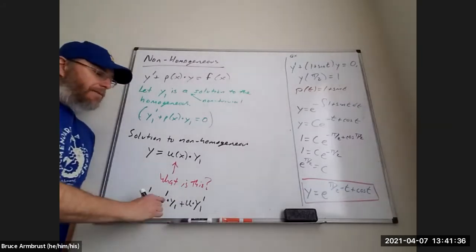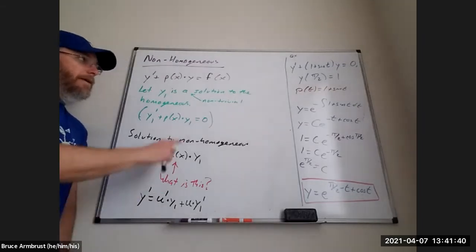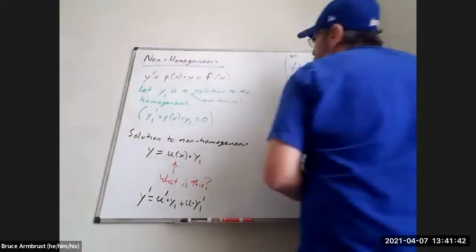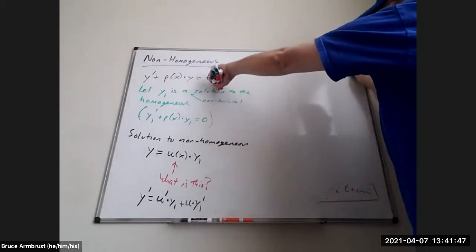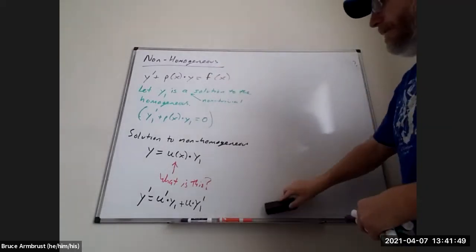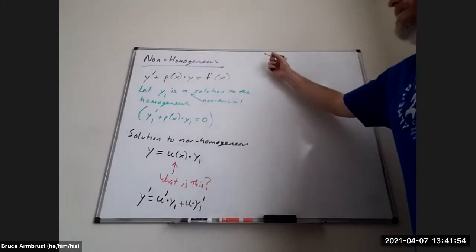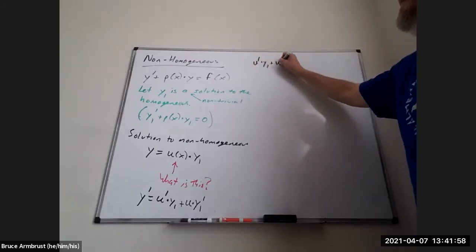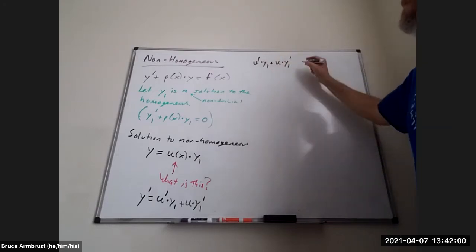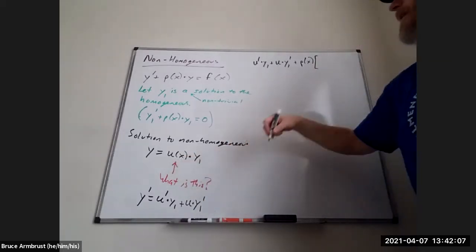All right, so this is practical. I'm dropping the of x's. Let's put it into the diffie-q and see what happens. So we go back to that original non-homogeneous, the one that's up here in purple, and let's put these things in. So we're going to get u prime times y1 plus u times y1 prime plus p of x times y. Well, y was u times y1.